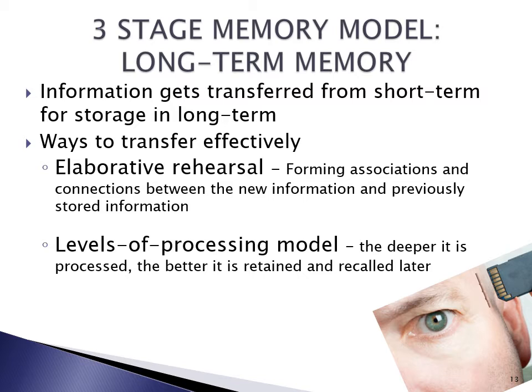All right, and then there's the levels of processing model. Levels of processing model says that information that is processed more deeply is retained and recalled better. So the deeper it's processed, the better it's retained and the easier it is to recall later.